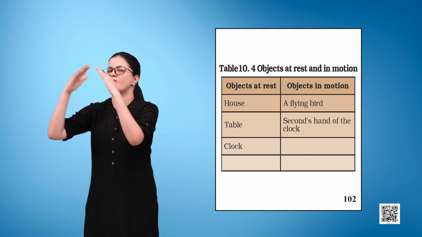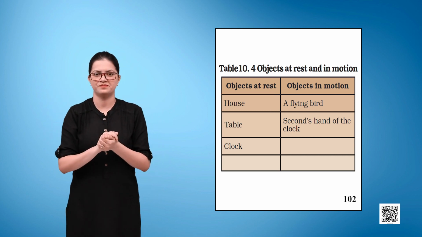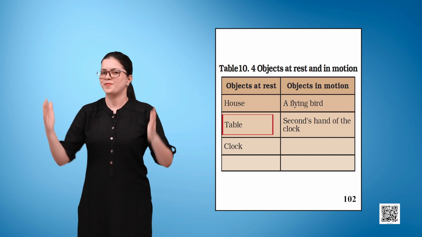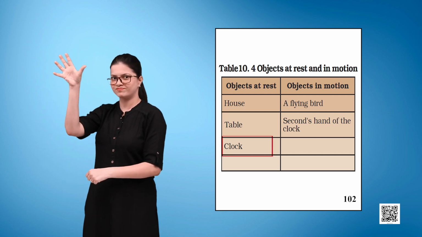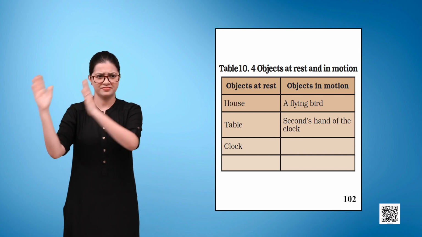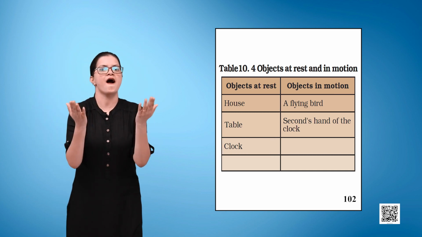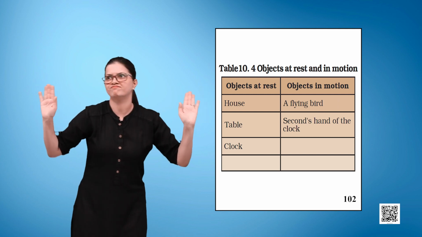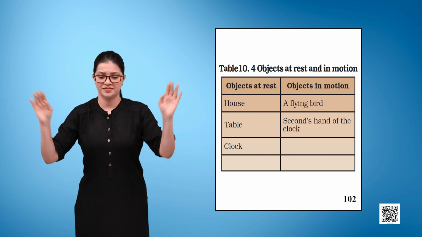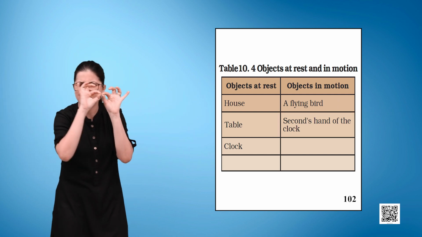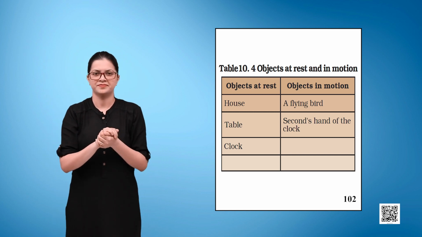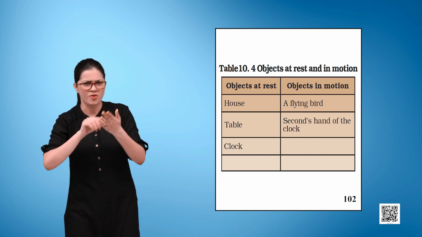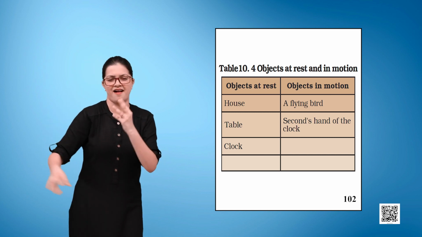Items in column 1 are house, table, clock. Items in column 2 are a flying bird, seconds hand of the clock. The rest of the table is left blank. Complete this table.